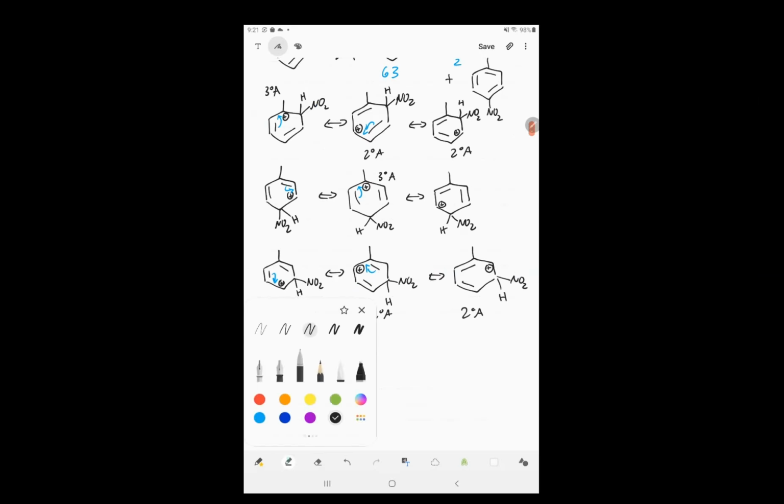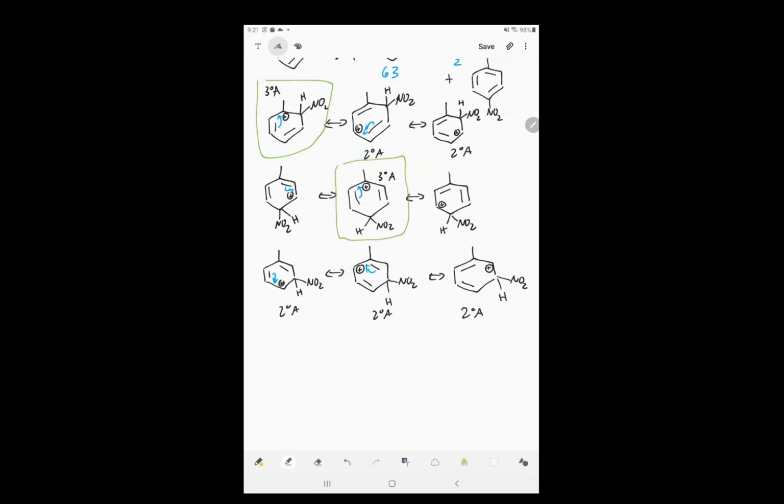So we have two scenarios in which we have tertiary allylic sigma complexes, where we have that carbocation adjacent to the methyl group, so it's got some electron donating from the methyl group, and then we have others as well. Meta, we don't have this benefit, so meta is going to be left behind.